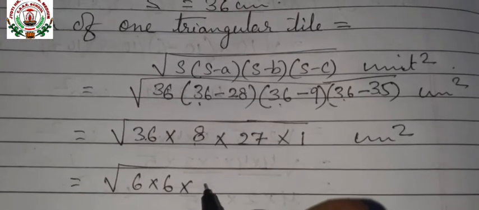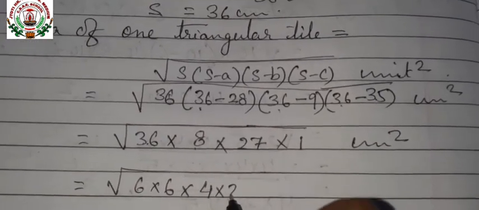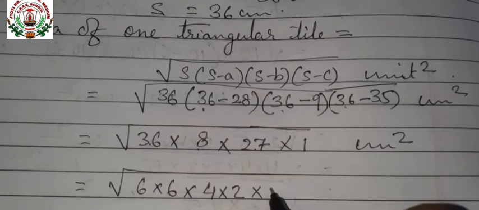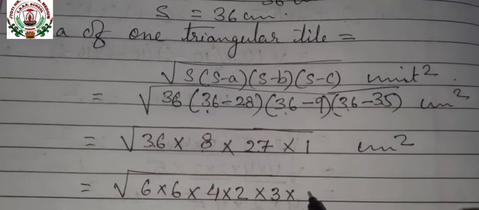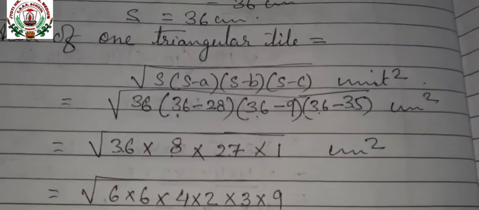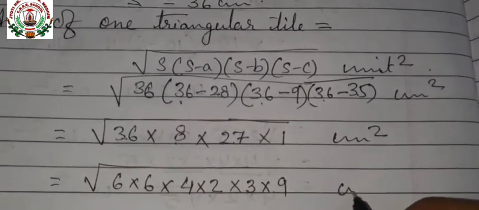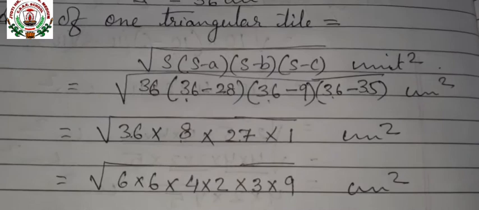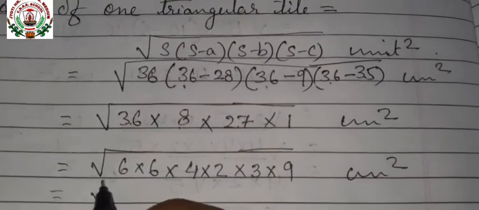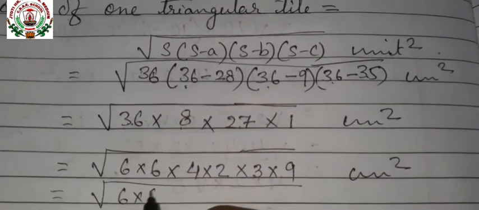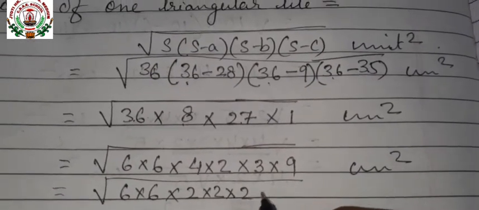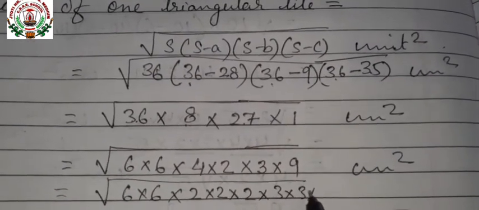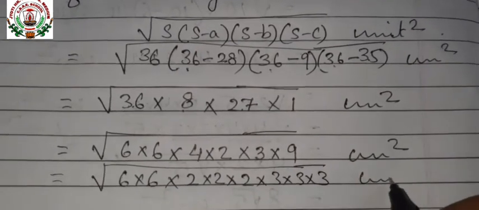This 8 I can write 4 into 2. Then this 27 I can write 3 into 3 into 3, cm square.